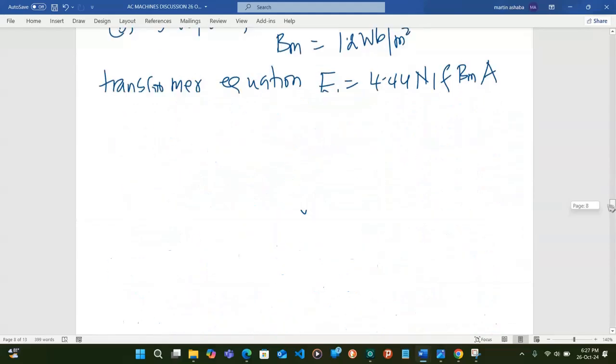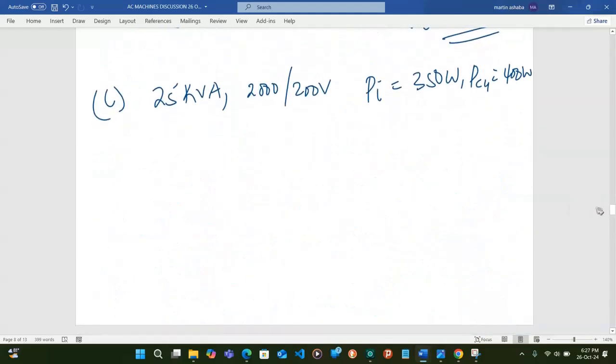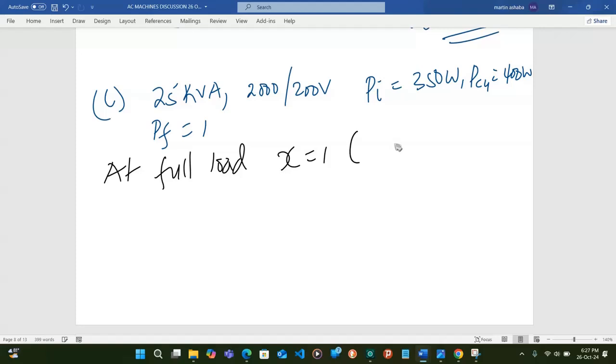So at full load and unity power factor, power factor equals 1. Meaning at full load, X is equal to 1. X is the percentage or fraction of the load.